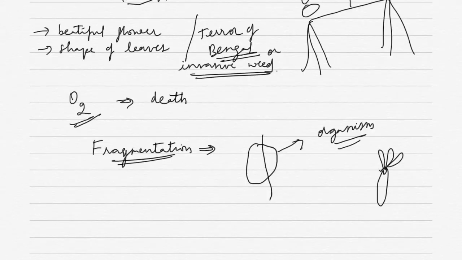Okay, buds of Hydra. So what happens in Hydra? There is a portion of the body extending, and this is going to become a bud, and later it gets fragmented. So this fragmentation is considered a type of asexual reproduction only.